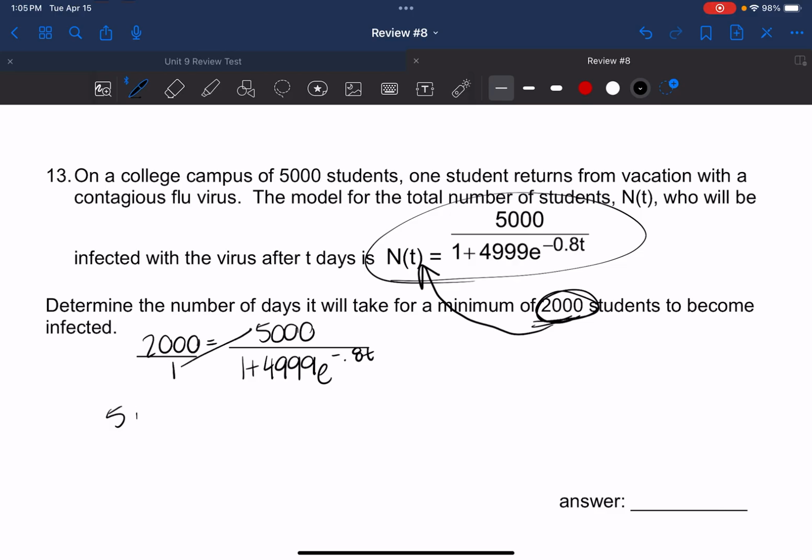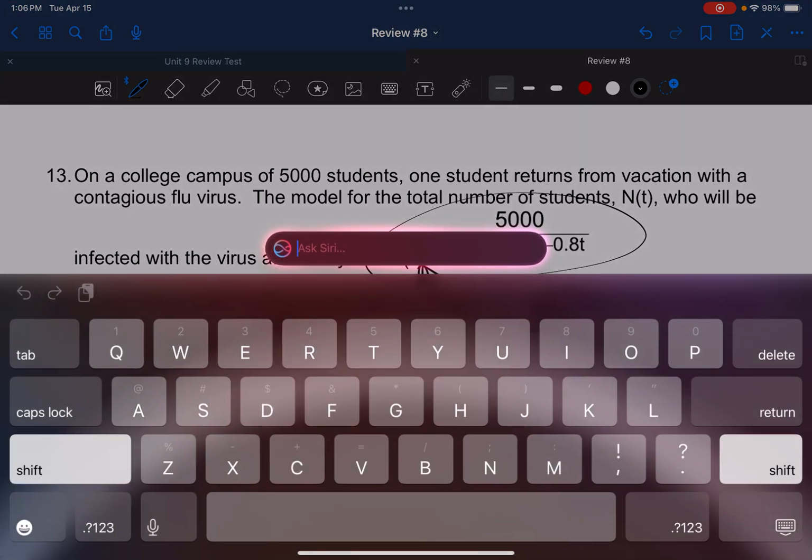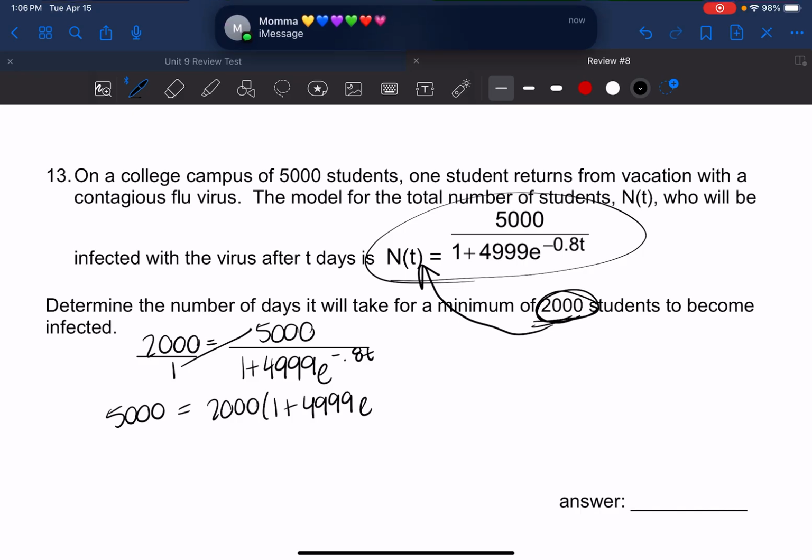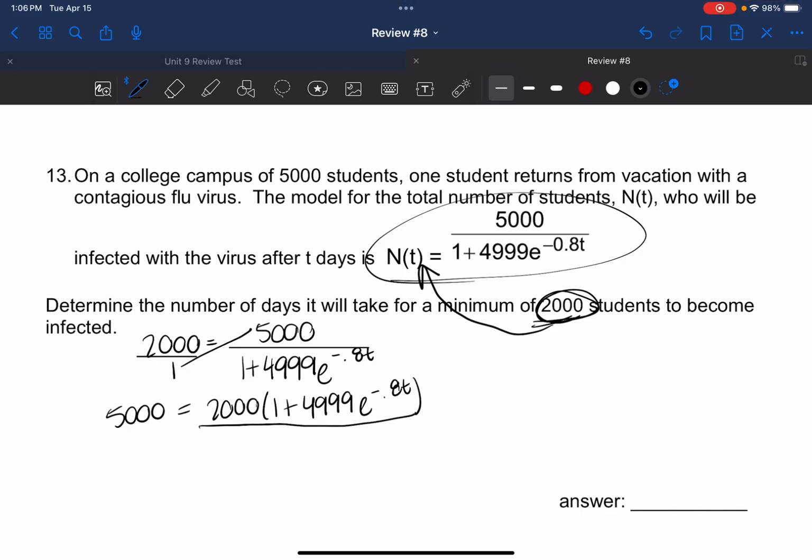So I'm going to have 5,000 equals 2,000 times 1 plus 4,999 e to the negative 0.8t. But I don't want to keep that 2,000, so I'm going to divide both sides by 2,000. So that'll divide out.